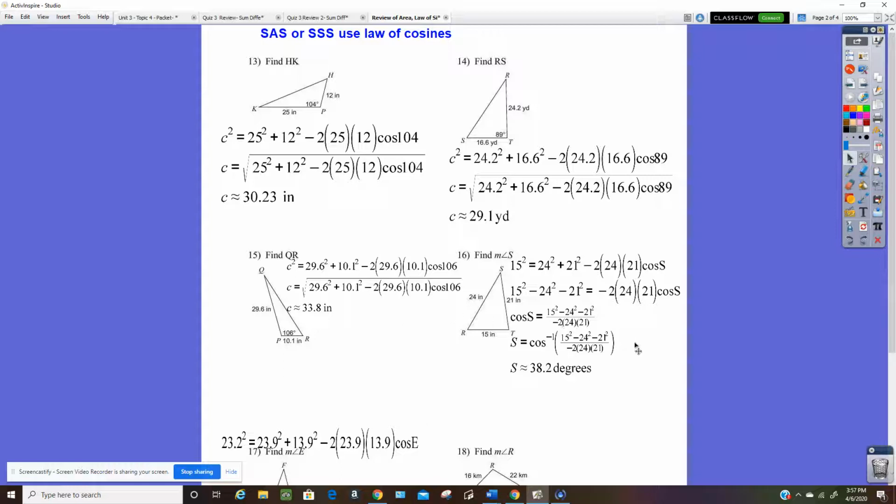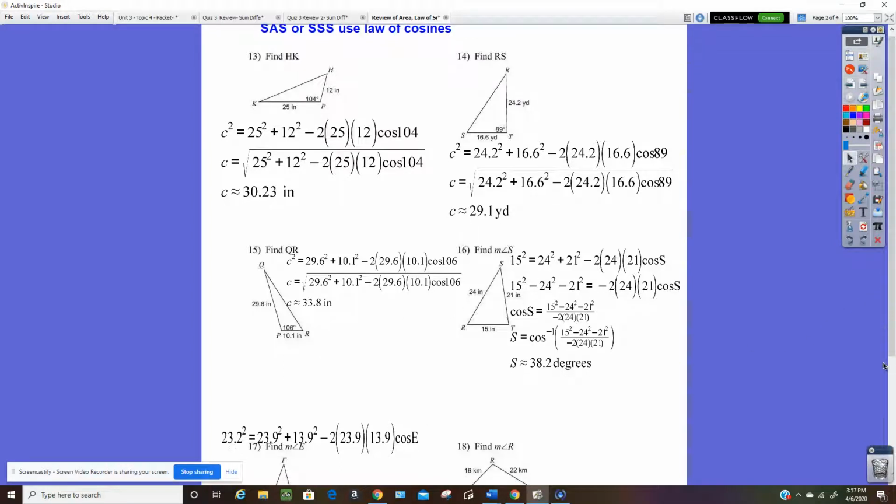And then 16, you want to find angle S. So that's going to be your angle C. And then this side across from S is going to be your side C. So 15 squared equals, and then A and B, I just use the larger for A and the smaller one for B. And then when you manipulate this equation, you have to subtract both of these from both sides. So that's how I got the next equation, subtracting 24 squared and 21 squared from both sides of the equation.